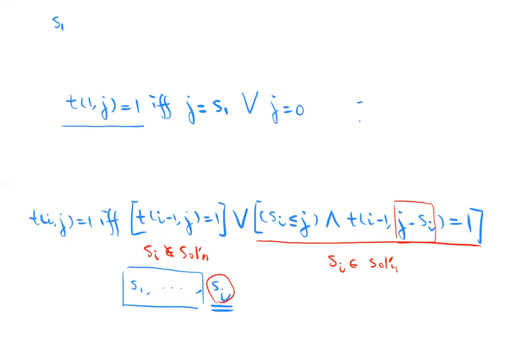If we want the sum to be 0, so J equals 0, that's a special case. In this case, we do not take the element. Then the summation is 0. So don't forget this part. It's very easy to forget this one, and when you implement the program, you will see mistakes.